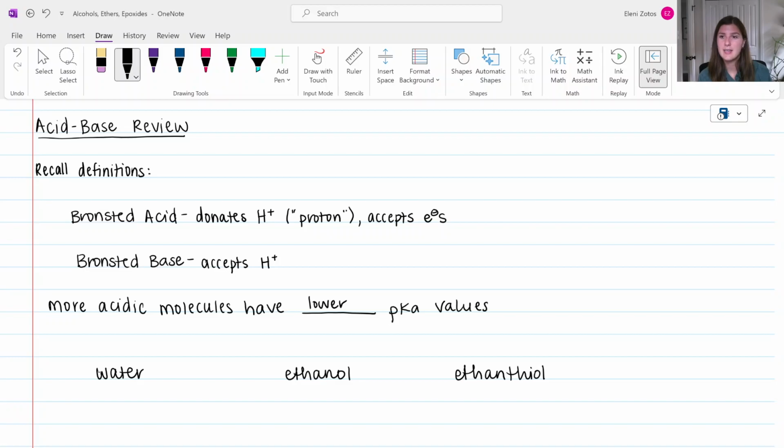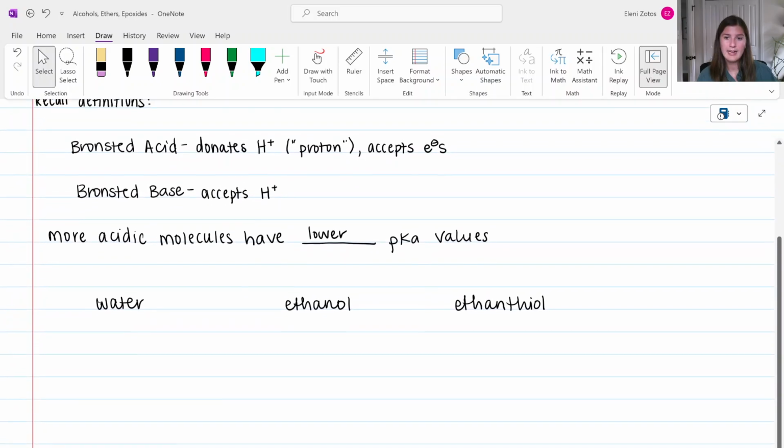We have a pKa table that we'll be using in class, and that tells a bunch of different pKa values so you can see specific pKa values for specific molecules. But as we've talked about in Organic Chemistry 1, different factors, different properties of molecules can impact the acidity of that molecule. So let's compare three here: water, ethanol, and ethane thiol.